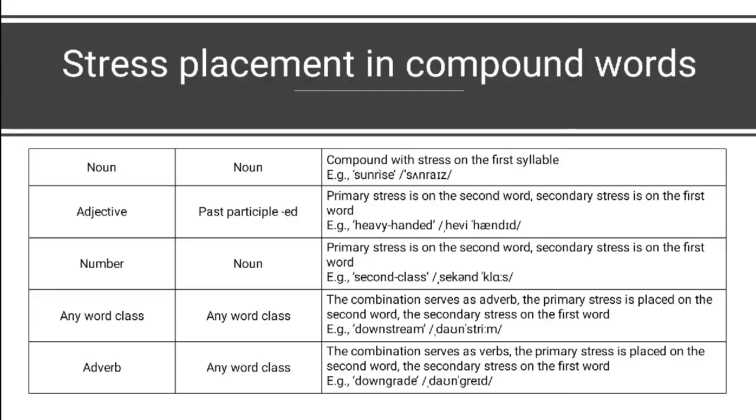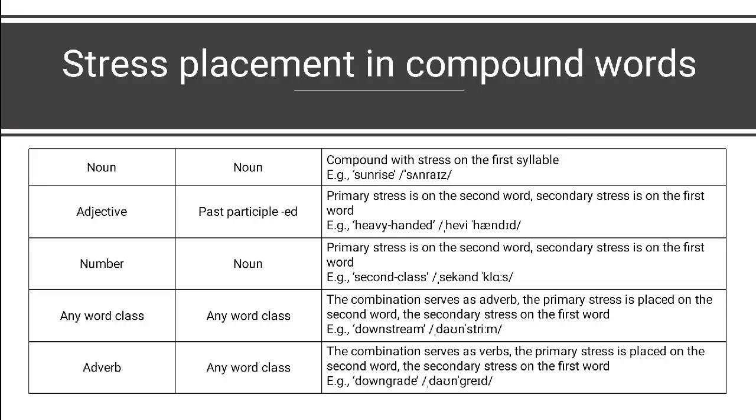Stress placement in compound words. A compound word is a word that consists of more than one grammatical unit. If the units consist of noun plus noun, the stress remains on the first syllable, like in the word sunrise.